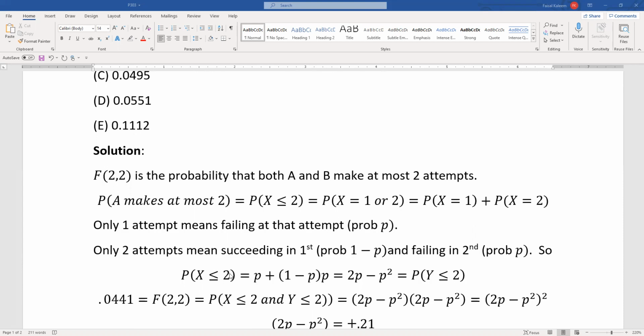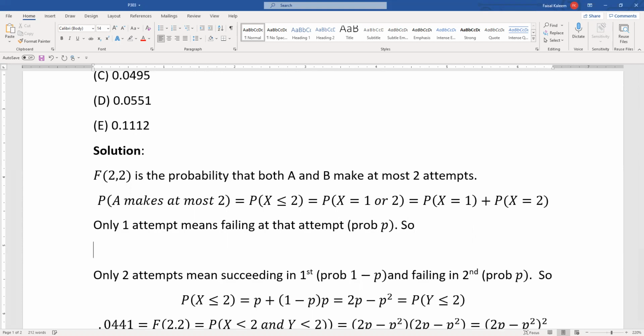So I've combined here probability X less than or equal to 2 is probability X equals 1. So maybe we should mention that here. So we can say here that probability X equals 1 would be just P.